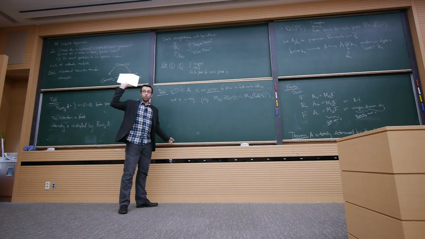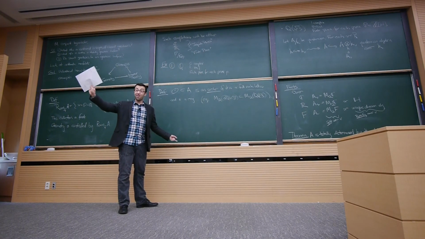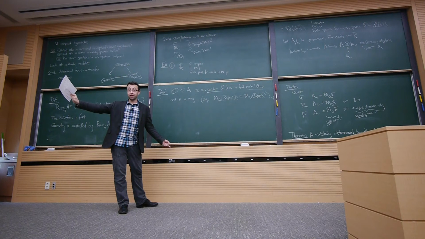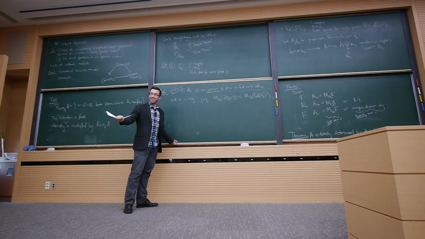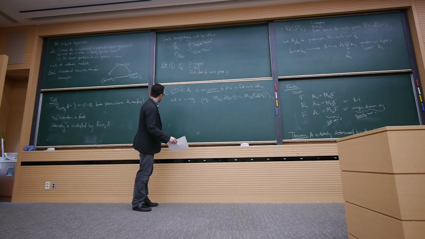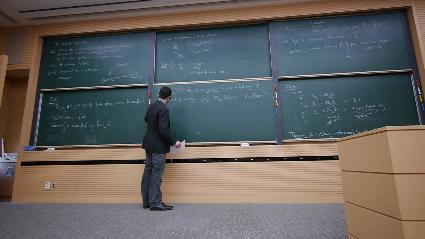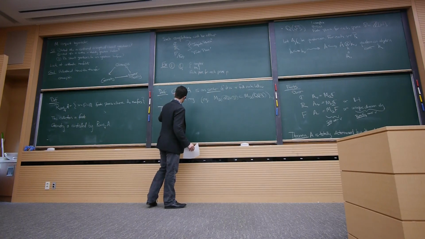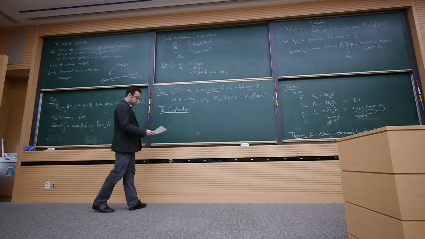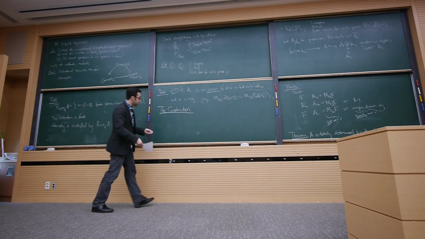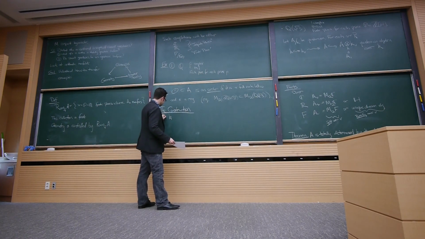Okay, so now we're ready to give an alternative definition of arithmetic. Yeah, I know, it took an hour, but we're there. All right, okay, so here's the construction. Got to define a few things.